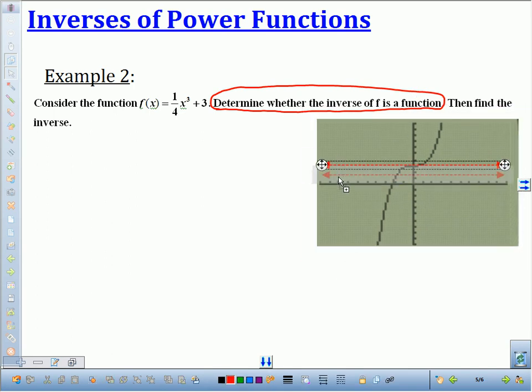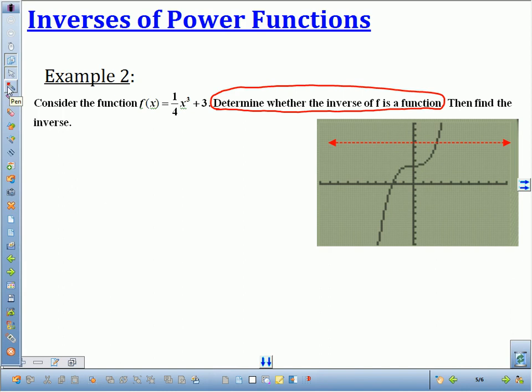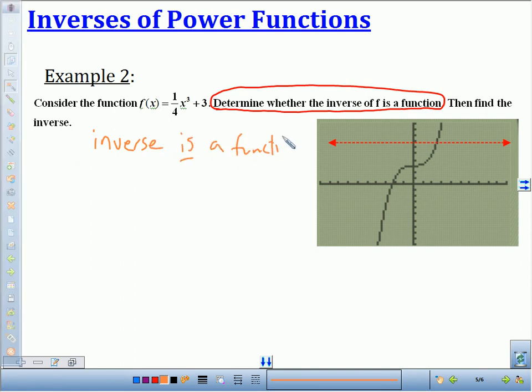Here's my horizontal line moving up and down, never touching the graph in more than one place. That means that the inverse is a function. So I'm just going to write: inverse is a function. That is the first thing I need to do.